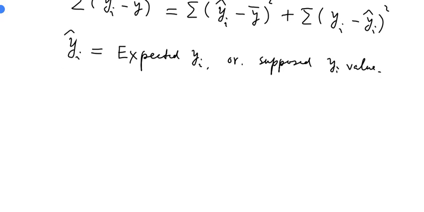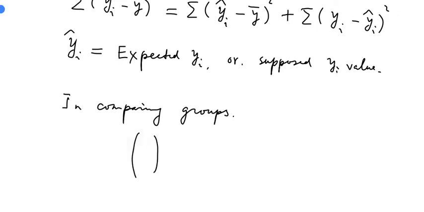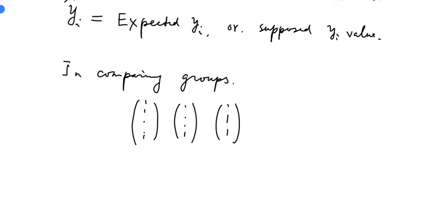Let's say we are comparing groups, and we have data like this: group 1, group 2, group 3. Those are y.